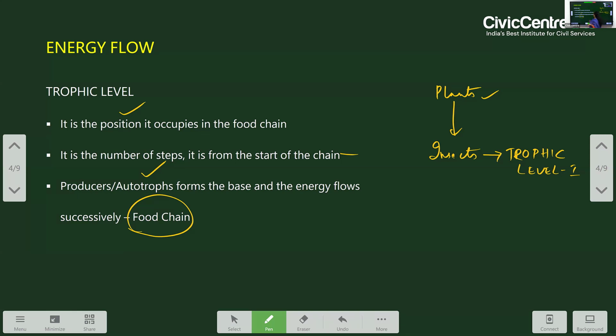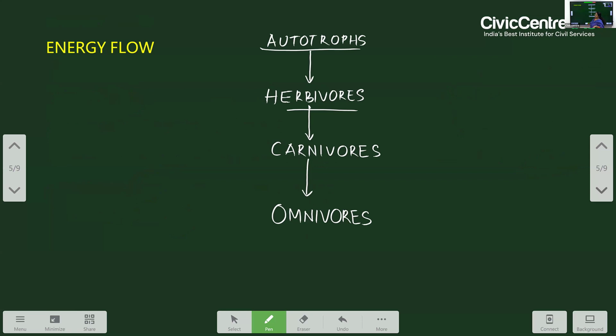Now, let's understand how energy flows in a food chain. In a food chain, we have autotrophs that are the producers of the food, like plants or some bacteria which produce food by the process of chemosynthesis. And next, we have herbivores.